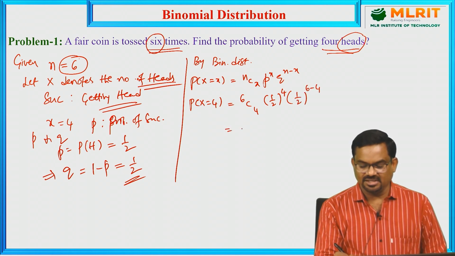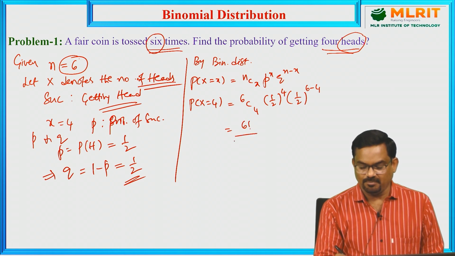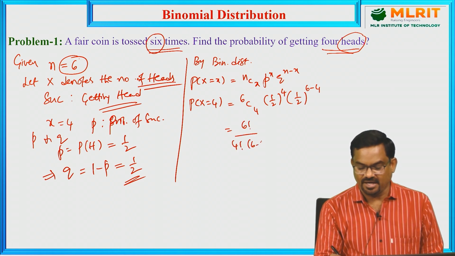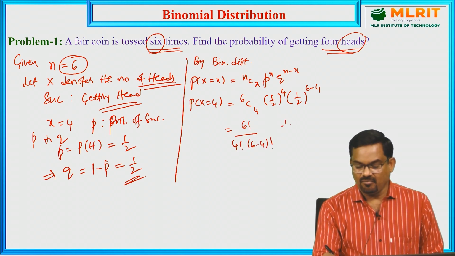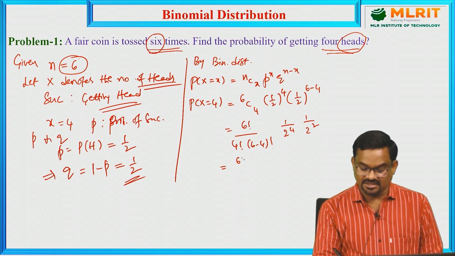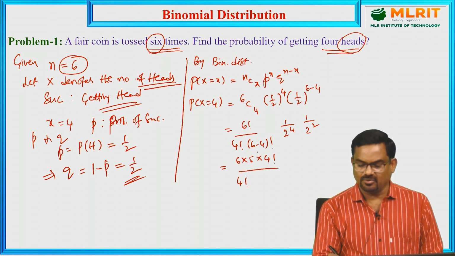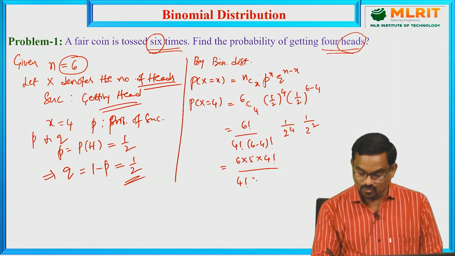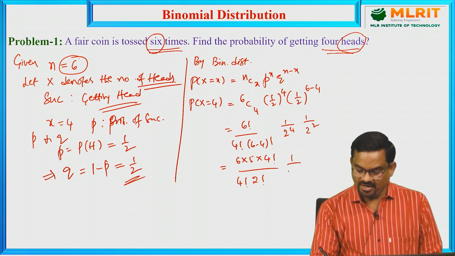So 6C4 is 6 factorial by 4 factorial into 6 minus 4 factorial, 1 by 2 power 4, 1 by 2 power 2. And this 6 factorial can be written as 6 into 5 into 4 factorial by 4 factorial, 6 minus 4 is 2 factorial, 1 by 2 power 6.